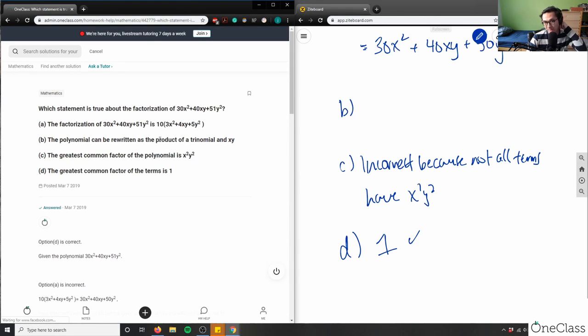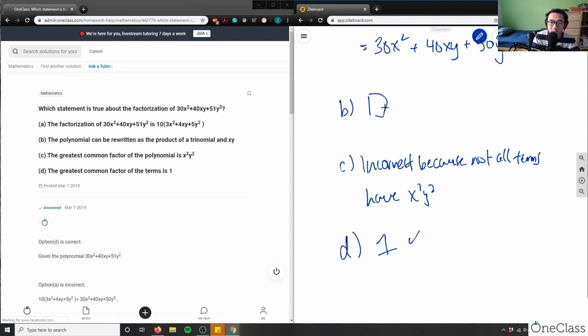The polynomial can be rewritten as the product of a trinomial and xy, right? If I were to factor this trinomial out, I would get some number times x plus some xy and then some y, to get a perfect square trinomial. It's not rewritten as a trinomial and xy, because a trinomial would be like ax squared plus bx plus c, multiplied by xy, which makes no sense.